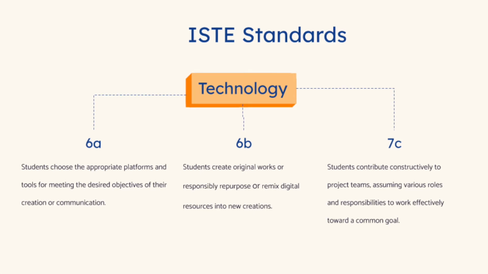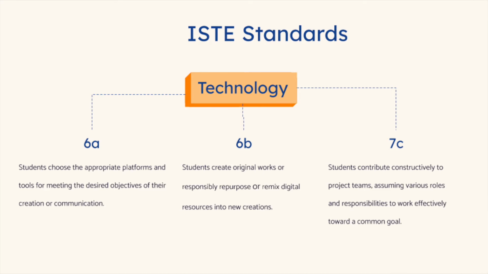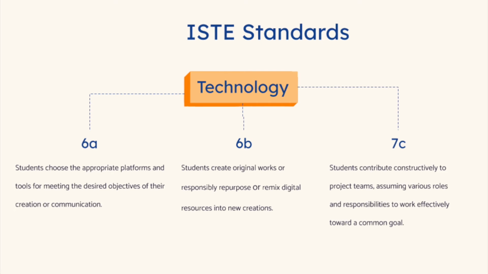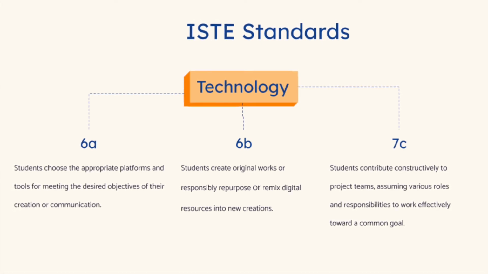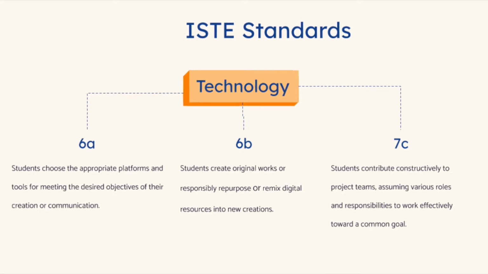So you can see here that there are 3 standards we incorporated within our mini unit. The first 2, 6A and 6B, go hand in hand. We asked our students to work together in groups to choose appropriate platforms to create original work.